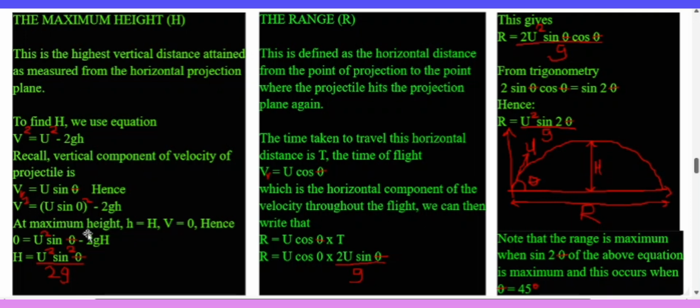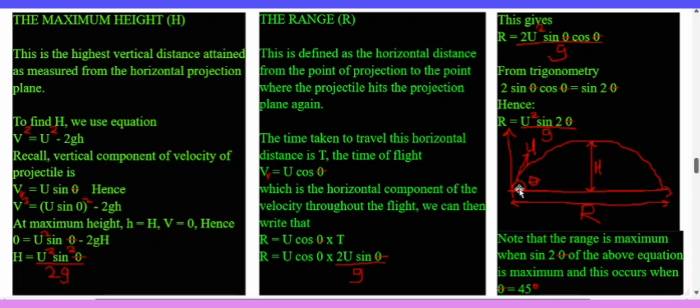So at the maximum height, we will make our h to be the capital H, and our v we will make it 0. Don't forget, when the object moves this way, following the parabolic path, by the time it gets to the maximum height, the only reason why it stops going up and starts coming down is because the velocity here has reached 0.